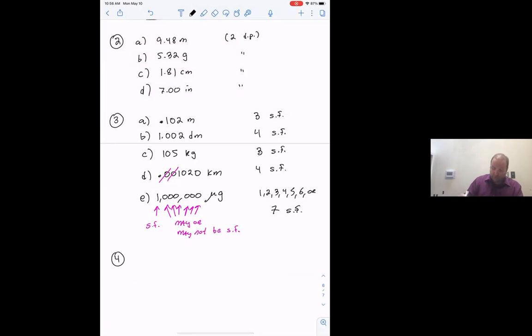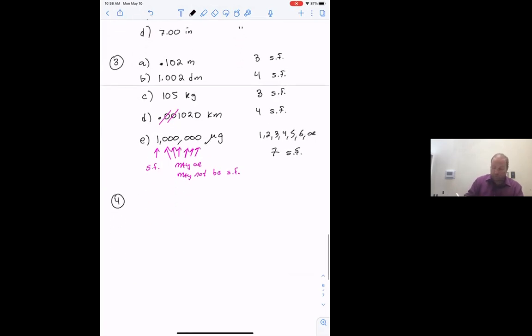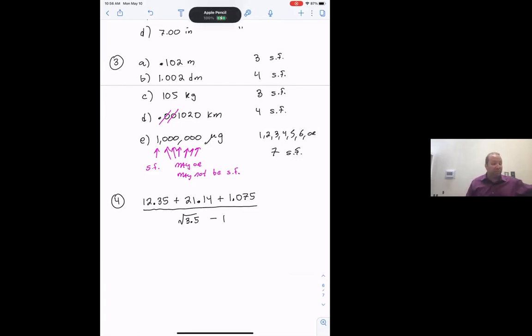And then finally, question 4. It says, find the value of the expression 12.35 plus 21.14 plus 1.075 over the square root of 3.5 minus 1, and give your answer to 3 significant figures.